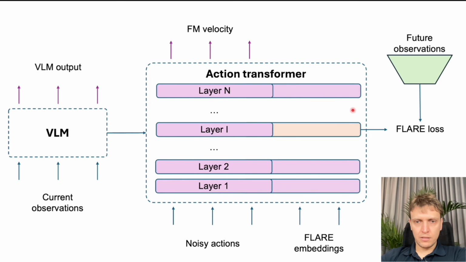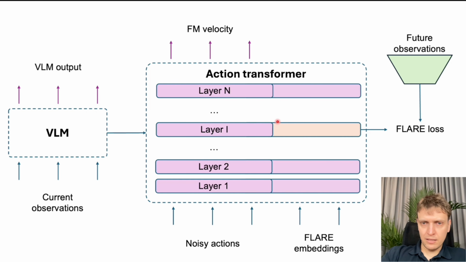But the problem is that these two things, noisy actions and FLARE embeddings, the future representation, come from very different distributions. And as they share weights with each other, if we take these predictions from the last layer, it means that we force this transformer on every layer to simultaneously predict two very, very different distributions, and it can actually hurt the predictions of the flow matching velocity.